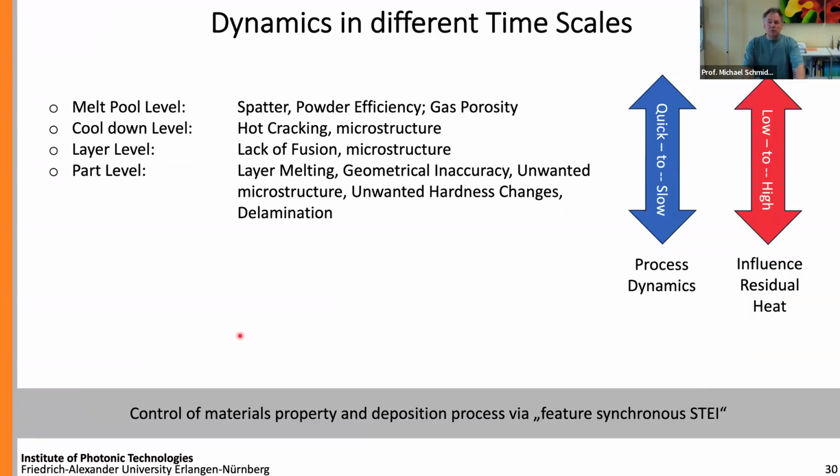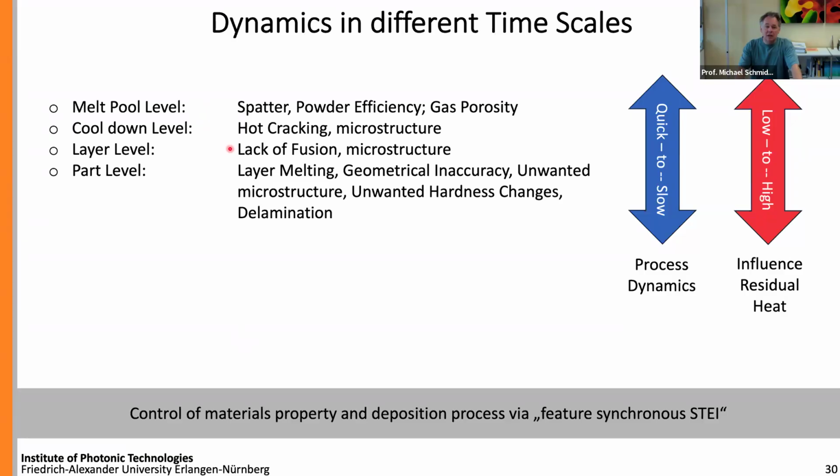Before I go to the examples, one more attempt to categorize the things a bit. We have a melt pool level where spatter can happen, where powder efficiency matters, where we can bring in gas porosity. We have the cool-down level directly after the laser beam where hot cracking can occur, but we already lay the boundaries for the microstructure.